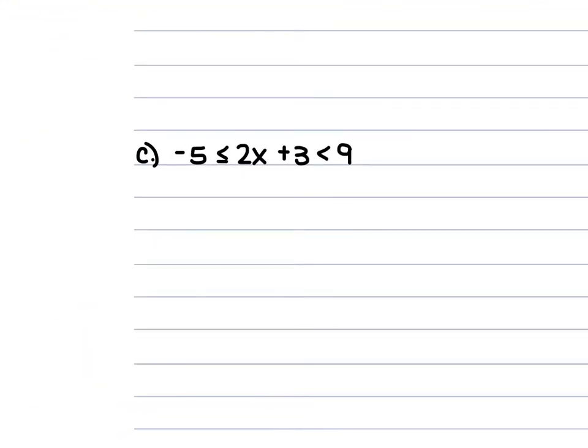For C, we have -5 is less than or equal to 2x plus 3, which is less than 9. So again, we're going to move that 3 over by subtracting it from each side. This is going to give us -8 is less than or equal to 2x, which is less than 6. From here, that 2 needs to be divided from each part to get just x in the middle.